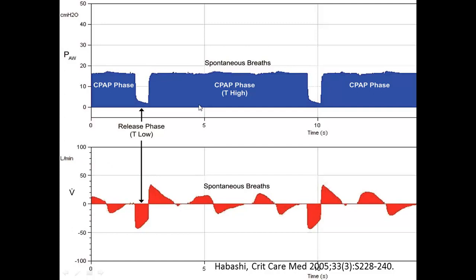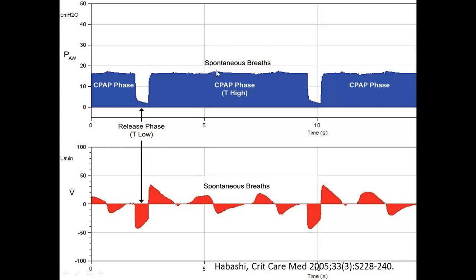Again, looking at the pressure waveform, the patient is allowed to breathe spontaneously, and you can see that the pressure drops down here slightly as the patient inspires, which corresponds down here on the flow versus time waveform to an inspiratory effort followed by an expiratory effort.